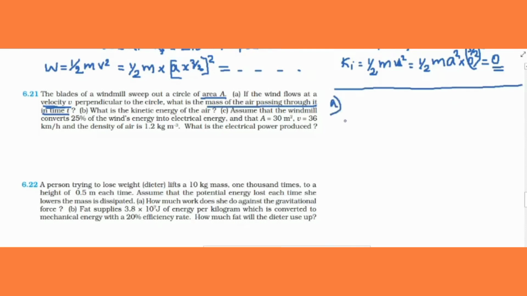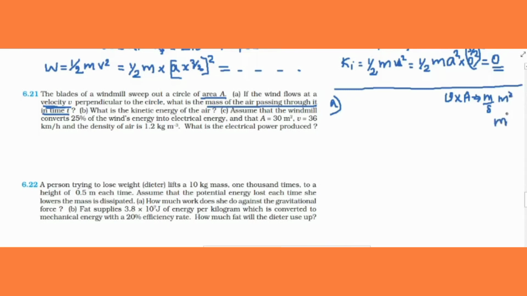Okay, so first of all, in one of the previous chapters, I told the meaning of velocity into area. Velocity into area, when we use their corresponding units, you will get meter per second into meter square.